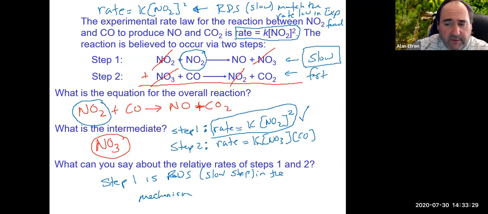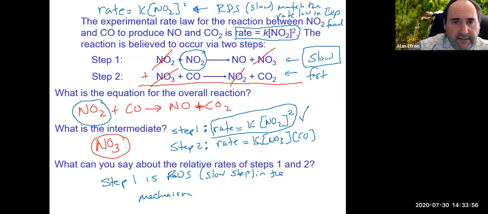And again, we could use that to determine which one is the slow step in this mechanism. And obviously, this would be one where it is perhaps a good mechanism, a bad mechanism. You can't really make that determination at this point, other than assuming that this is a good mechanism. Step number 1 of this mechanism would be the rate determining step, if this was, again, a plausible mechanism.